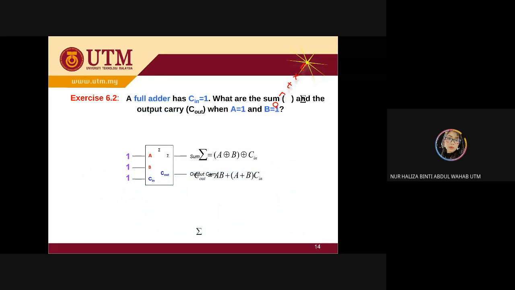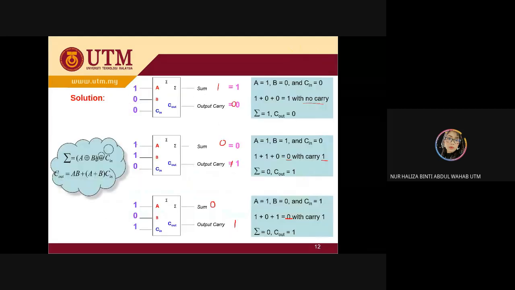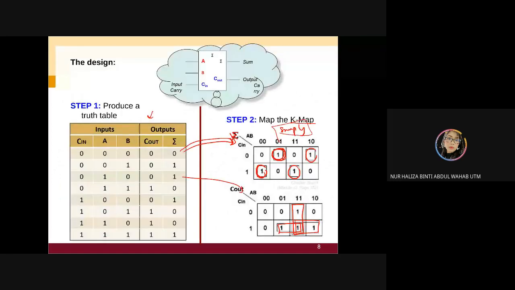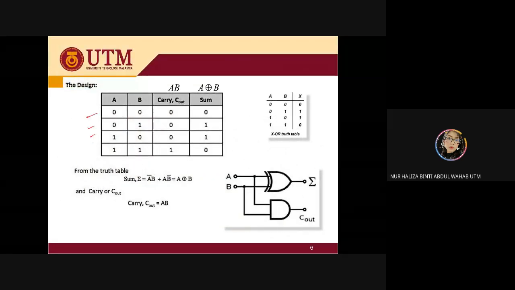So next is exercise 6.2. You can see this is a full adder. Just now was a half adder. This table you already had in the early stage, which I asked you to remember, because you have only these 4 scenarios. But this one is also wrong. Okay, this one is correct, which is our carry out is A dot B. This one is exclusive OR, so this one is correct.